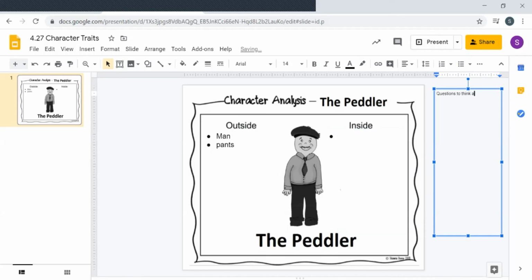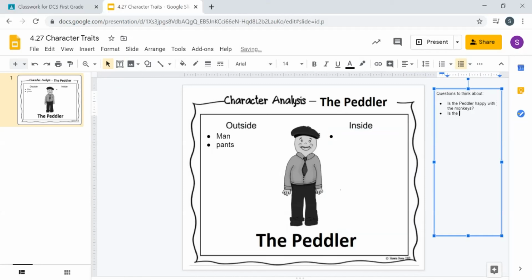Questions to think about. The first question I want you to think about is the peddler happy with the monkey? How does he act with the monkeys? Is he happy? Is he kind? Is the peddler patient?